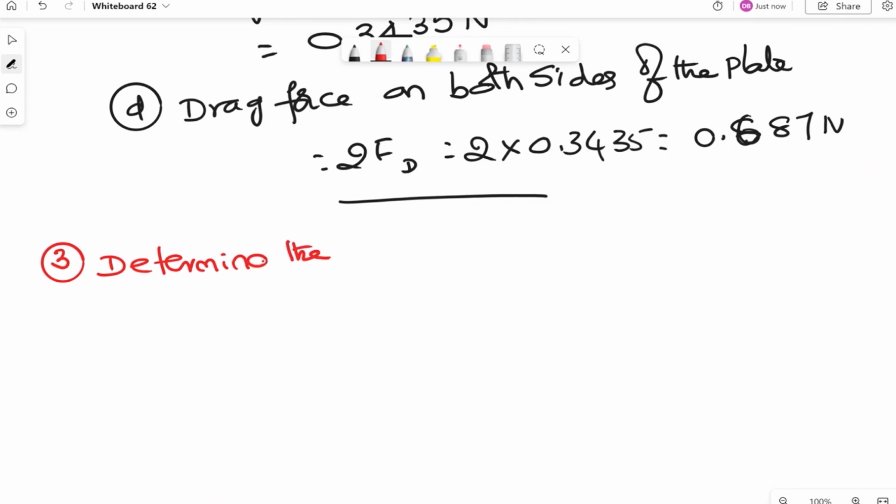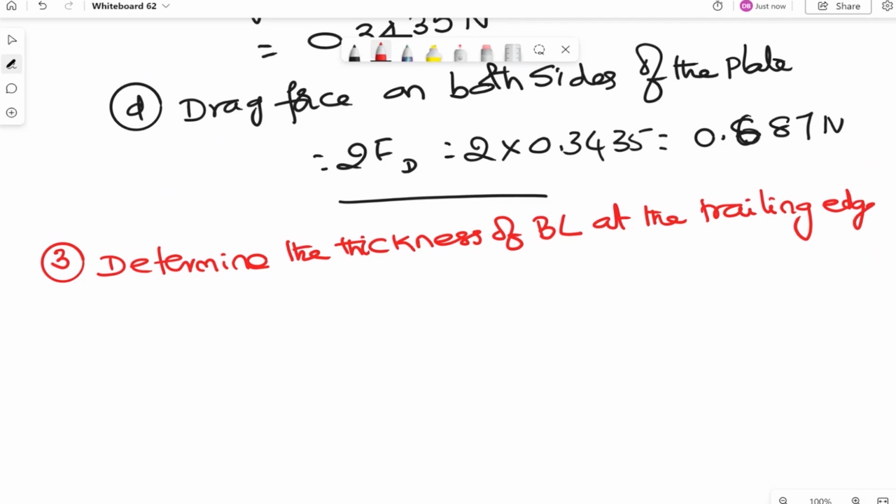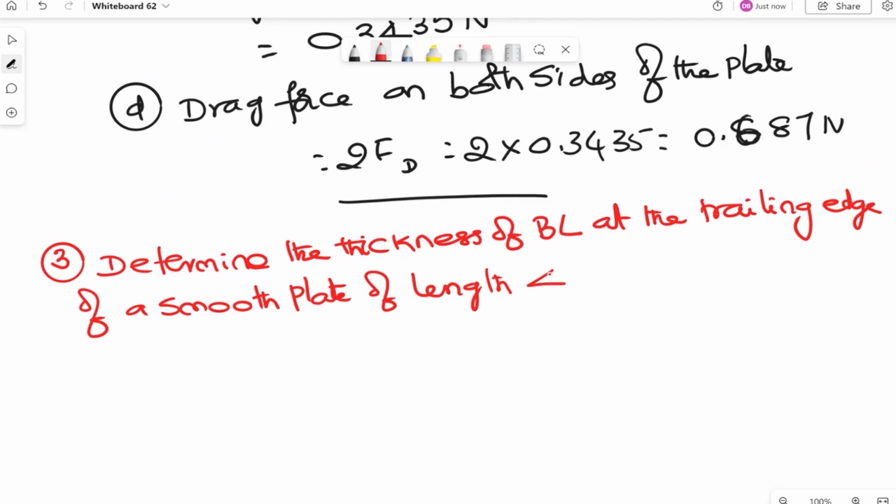The third problem is: determine the thickness of the boundary layer at the trailing edge of a smooth plate of length 4 meters and width 1.5 meters.